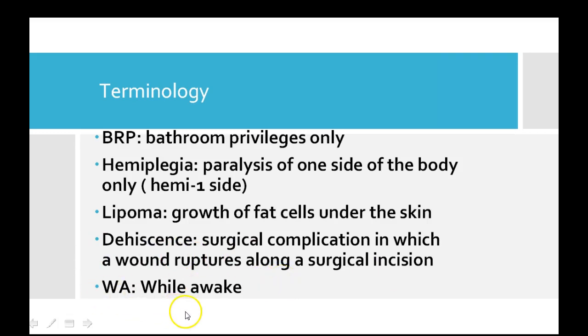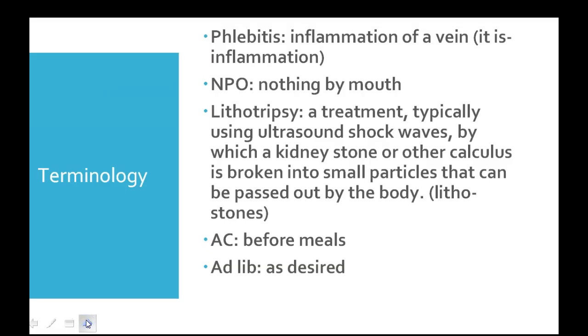Now, WA also is an abbreviation for while awake. Let's look at this. Now, sometimes we want to start an IV, and you'll get that later on, and I believe throughout the program, but not in this class or 214. But when you start an IV, prior to starting, you're assessing. Remember, we're using our eyes for inspection, and we're looking, and we see some inflammation of a vein.